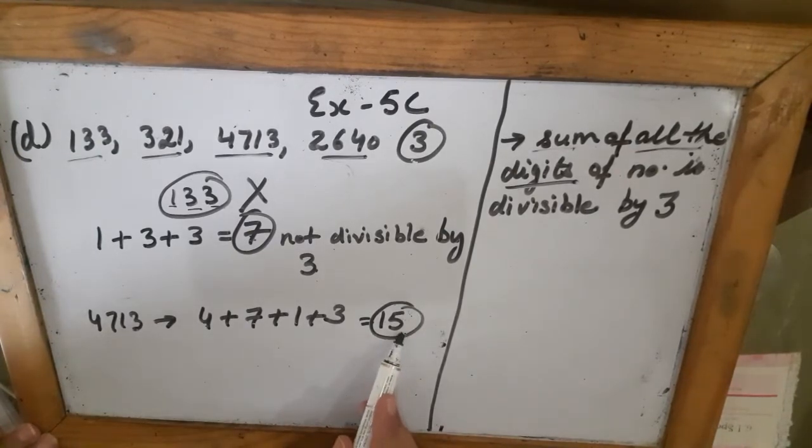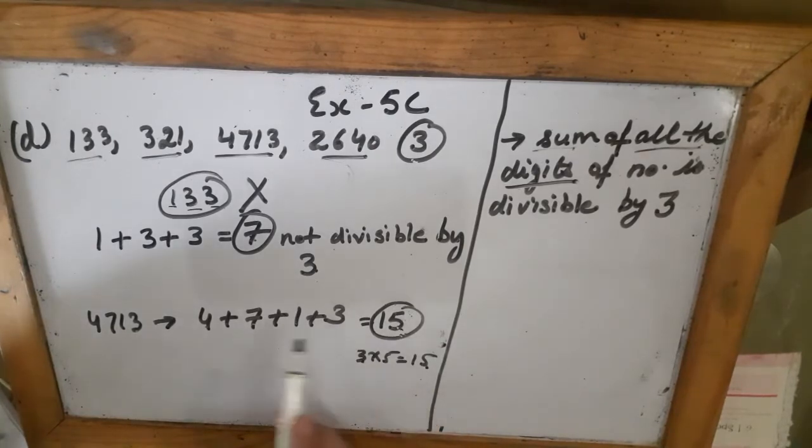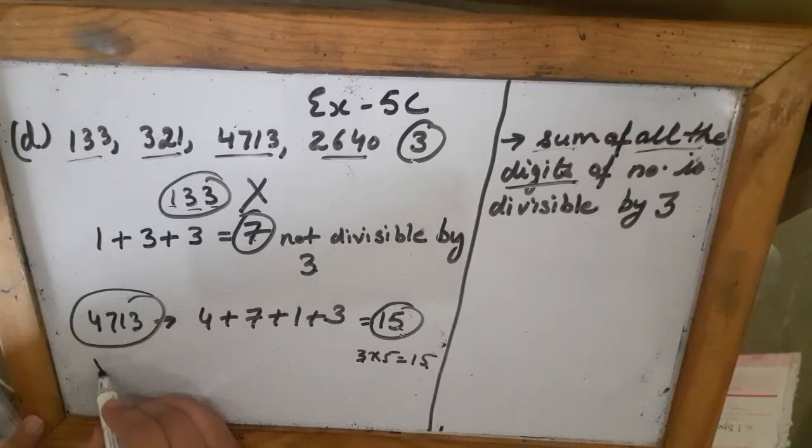Is this 15 divisible by 3? Yes, because 3 5s is 15. So this 15 is a multiple of 3. Because this is divisible by 3, it means this number is also divisible by 3. This is how we check whether a number is divisible by 3 or not.